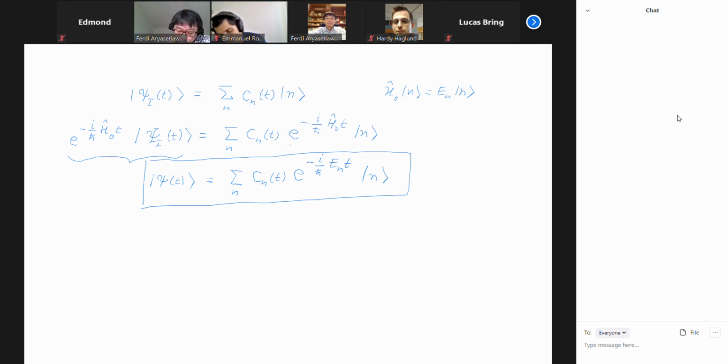The task is then to figure out these time-dependent coefficients.